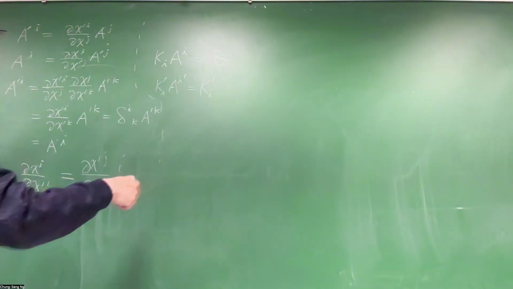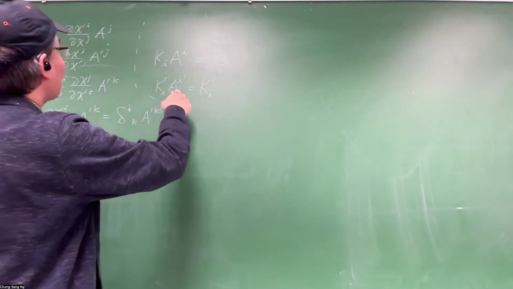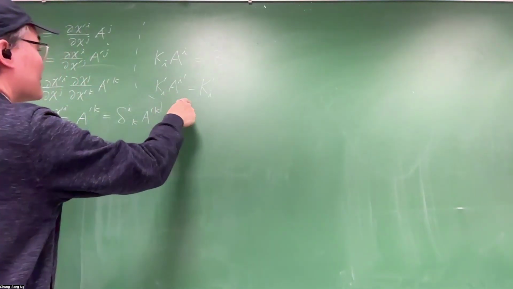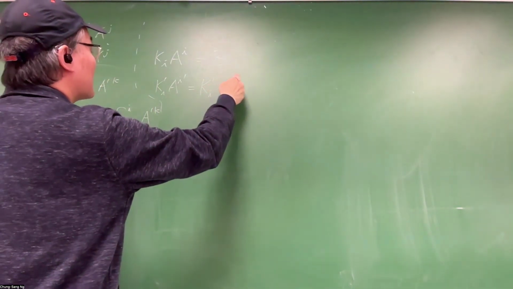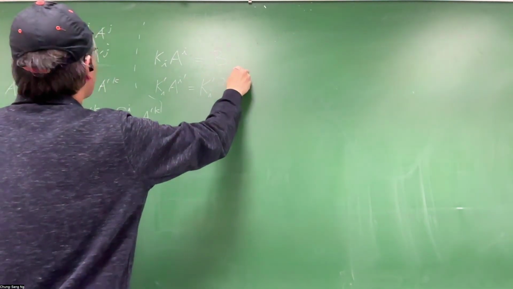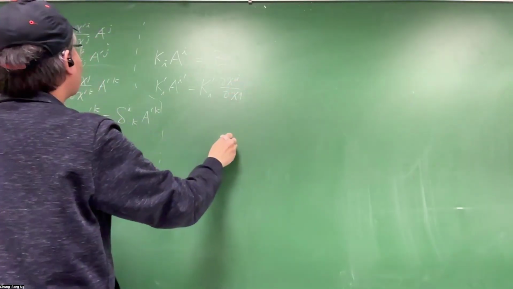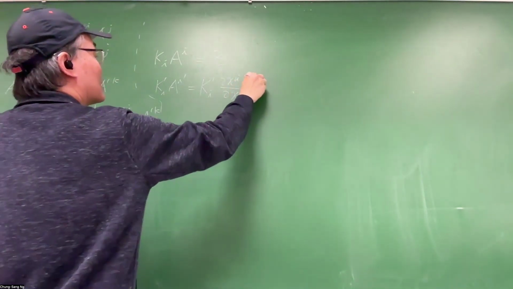This k is unknown, so you don't know how to transform it, but a you know how to transform, with the partial derivative of x_j with respect to x_i prime.